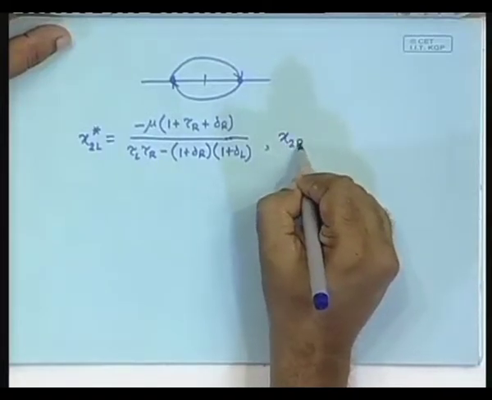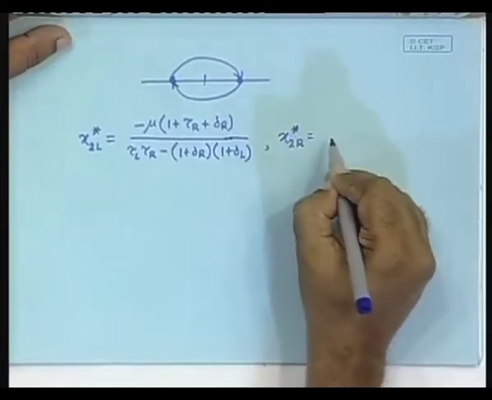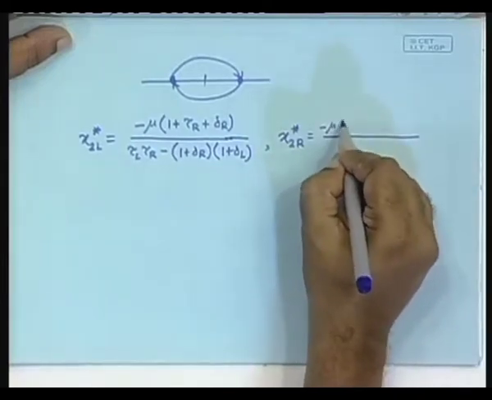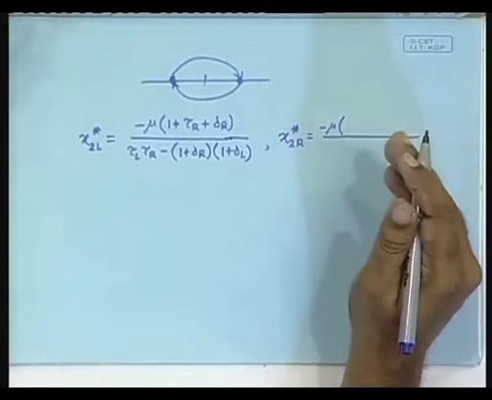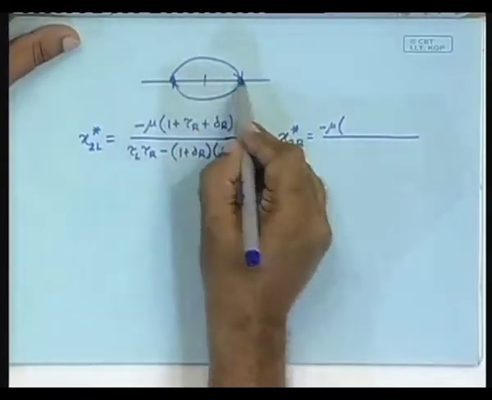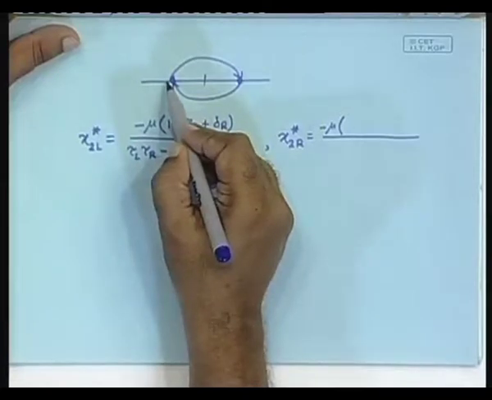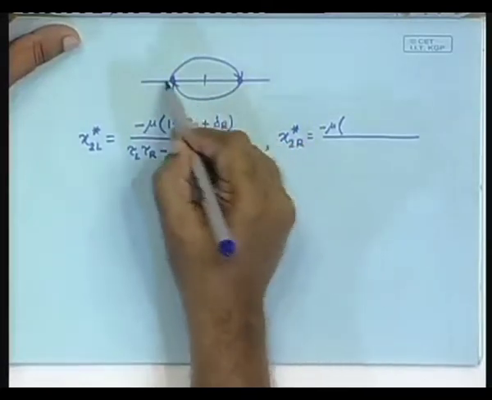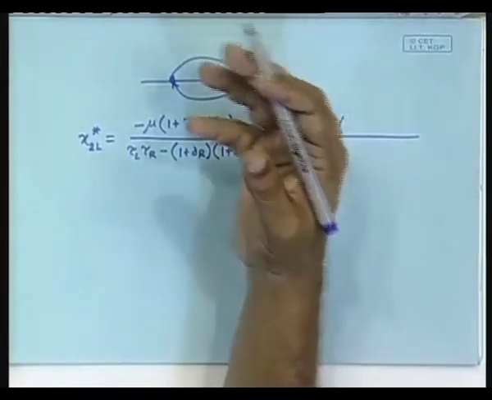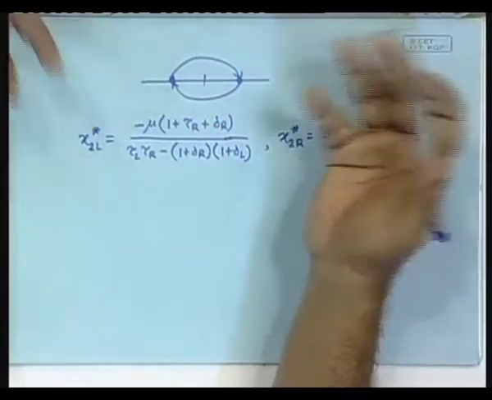x 2 r star is equal to minus mu, this should be by symmetry, because if you start from here, come here and come back here, what do you get? If you start from here, come here and come back here, you should get the same thing, only with r's replaced by l's and l's replaced by r's.